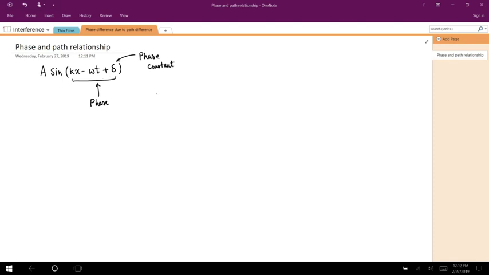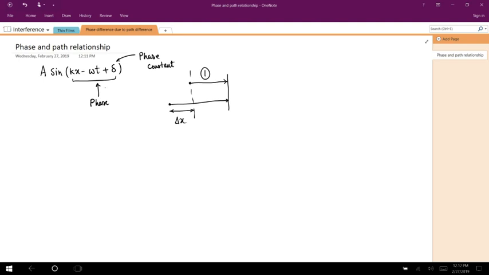But if I look at a ray of light that is interfering over here, that came from somewhere over here, and another one that came from somewhere over here, these two rays of light have traveled different distances, and the first one has traveled some amount, and the second one has traveled some other amount, and this difference is delta x. So then I can write the second ray of light.